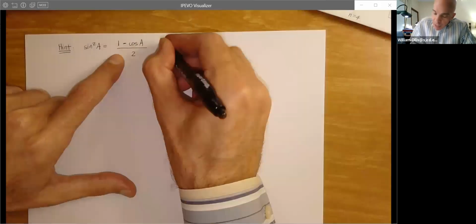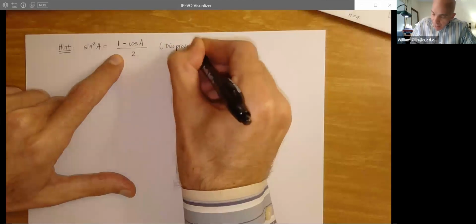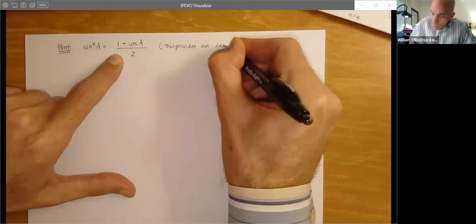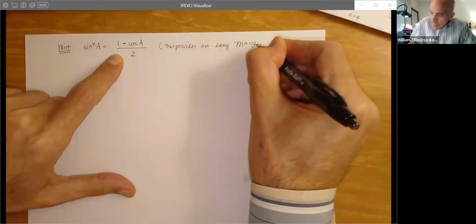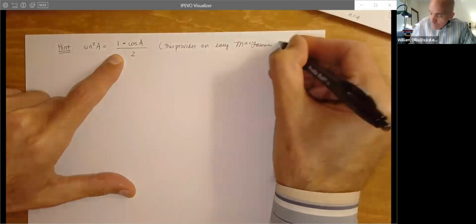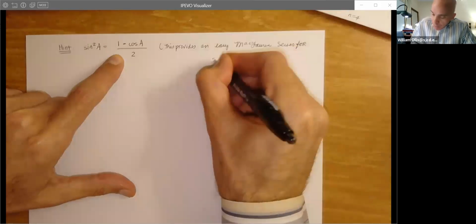So this provides an easy Maclaurin series, for instance, for sine squared.